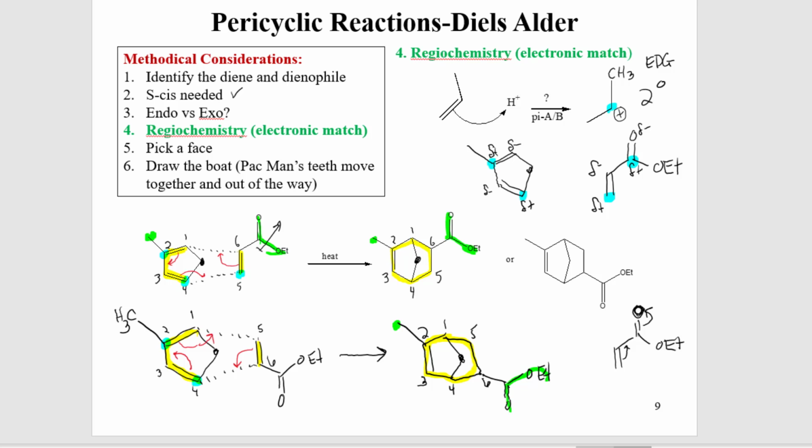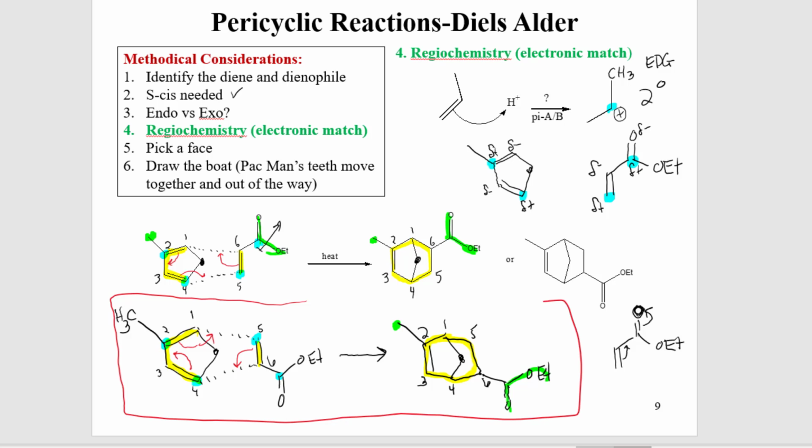Carbon 5 and carbon of the carbonyl are the positive carbons. So if 5 and 1 react, it's going to be positive to negative. If 4 and 6 react, it's going to be positive to negative. So this is the preferred electronic configuration, which ultimately predicts the regioselectivity for this Diels-Alder reaction.